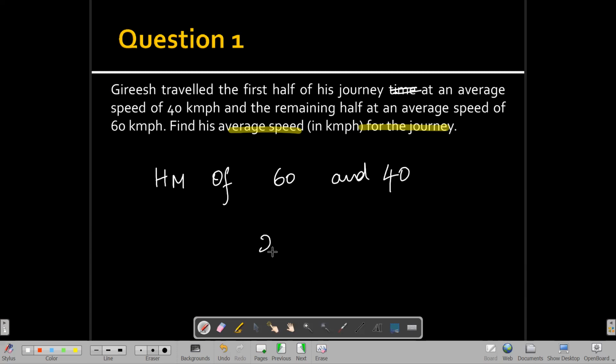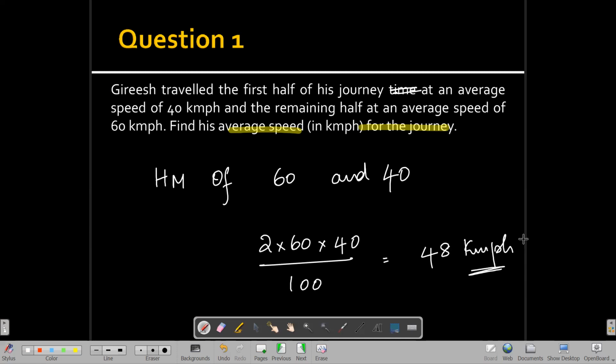That is 2 into 60 into 40 upon 60 plus 40, that is 100, and that will come as 48 kilometers per hour. But you have to take the harmonic mean when the distance aspect remains the same.